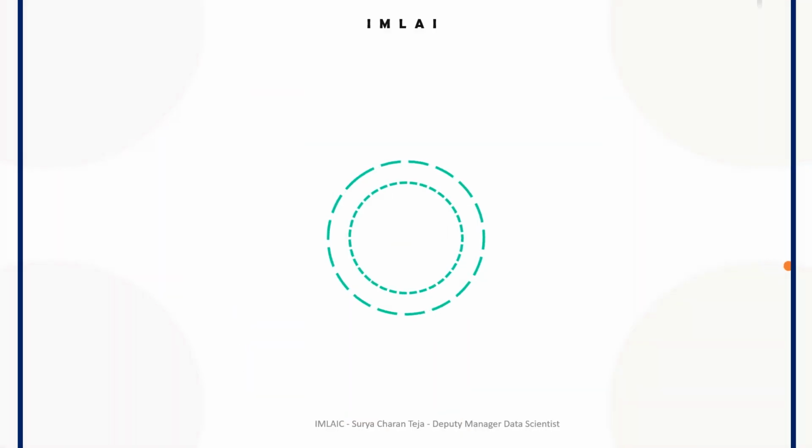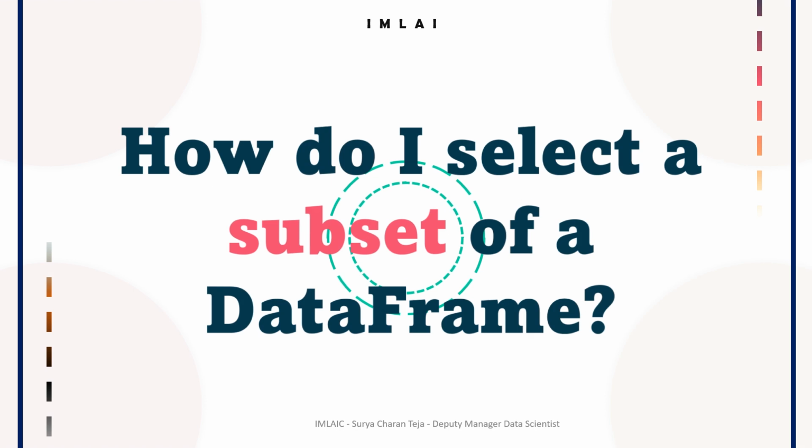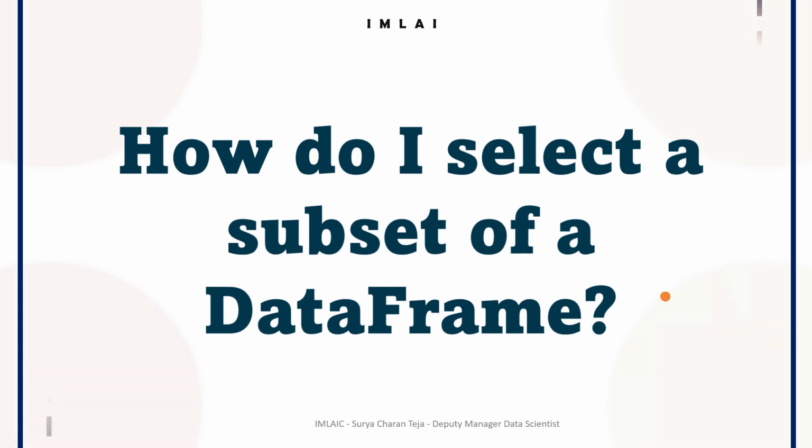We will see how to select a subset of a data frame. A subset could be a column, a row, particular columns, particular rows, or a subset of columns and rows. We will see all these permutations and combinations here.